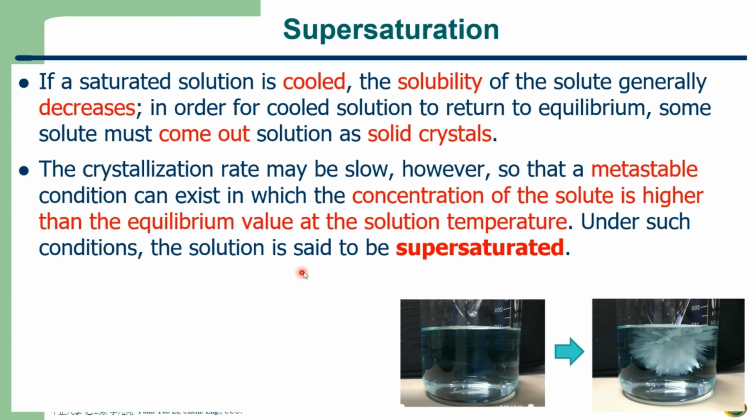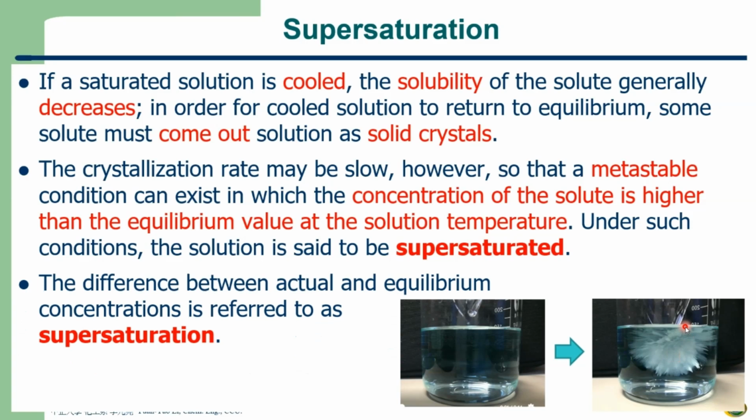The solution is said to be supersaturated. When something comes out, you'll see the crystal come out very, very fast. Once you drop a seed into this supersaturated solution, the crystal will come out immediately. The difference between the actual and the equilibrium concentration is referred to as supersaturation.